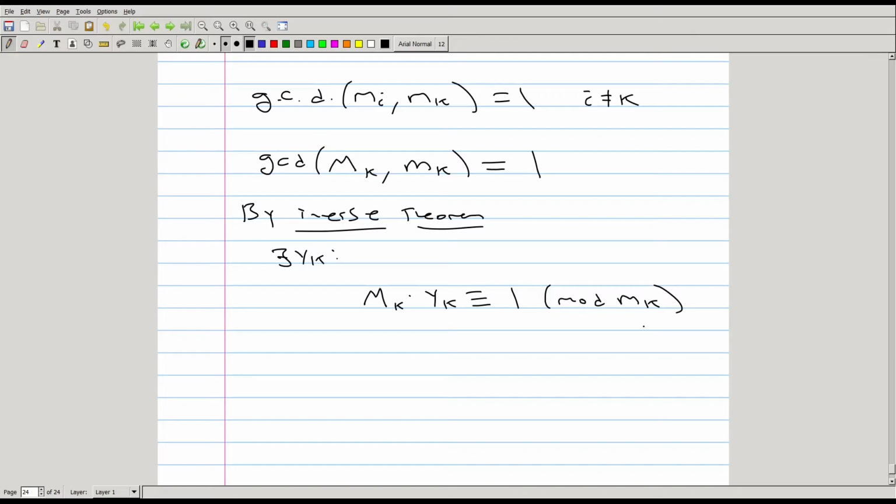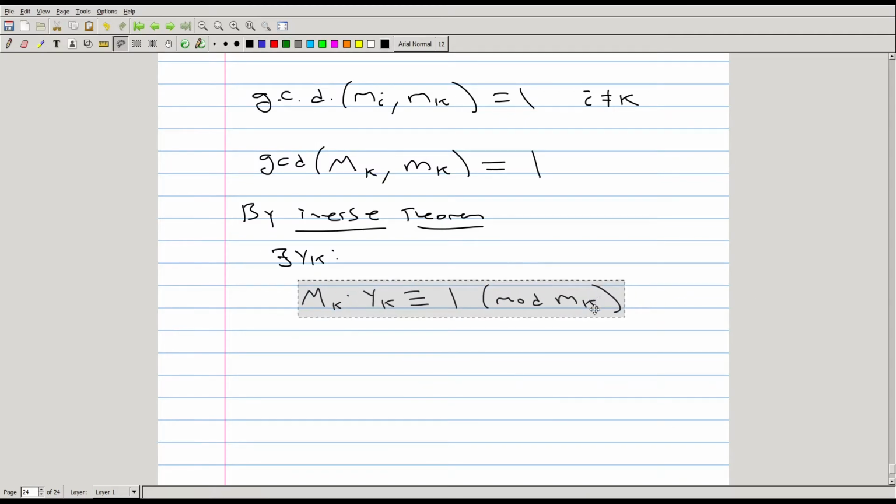Or an inverse of this capital Mk exists modulo lowercase mk.